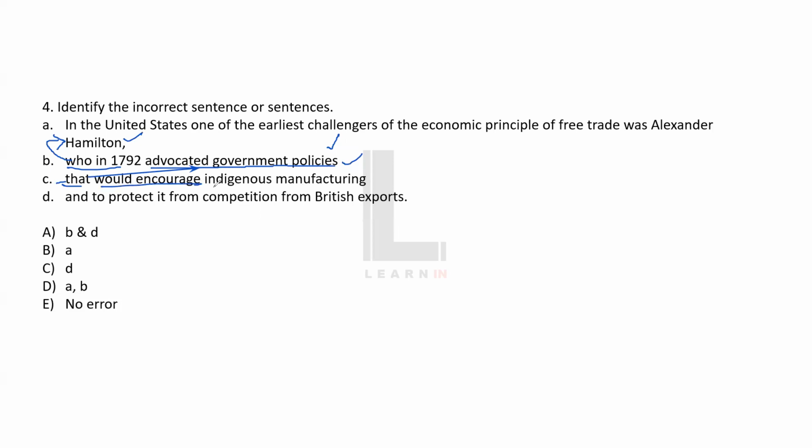That would encourage indigenous manufacturing. And now, which trigger is this? Let me know. Which trigger is this? Parallelism. Now, parallelism मैंने क्या बताया था?